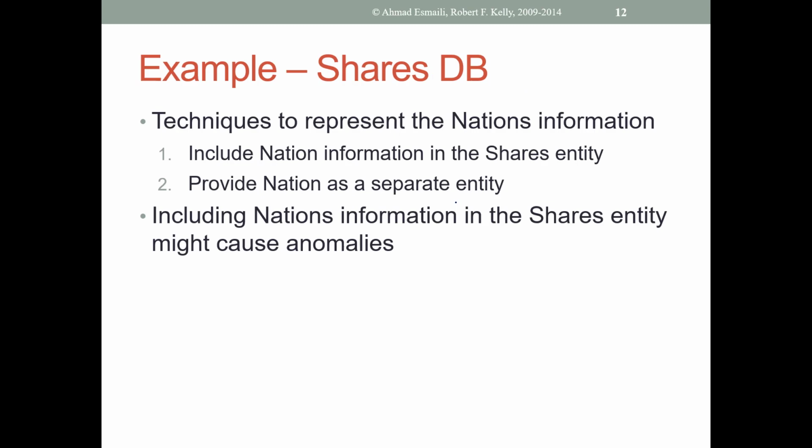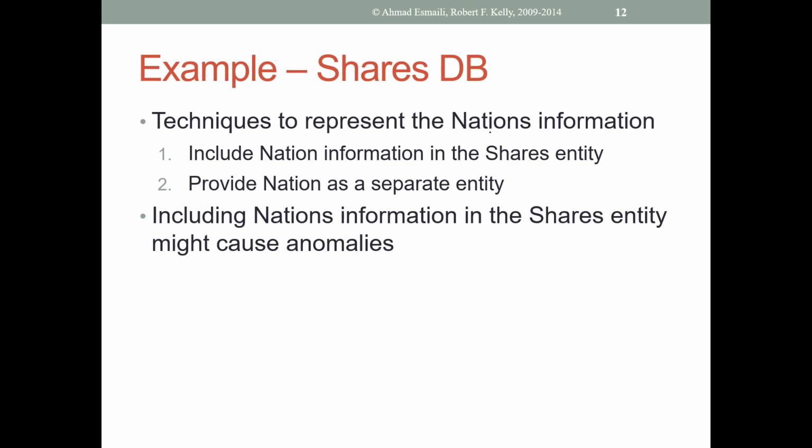Okay, so now is the time to make our discussion more concrete, and we will use two tables to understand the relationship that we have, which is of 1 to many, and here we'll be using two tables, nations and shares. So what do we have here? We will split this information about nations in one table and shares in a different table.